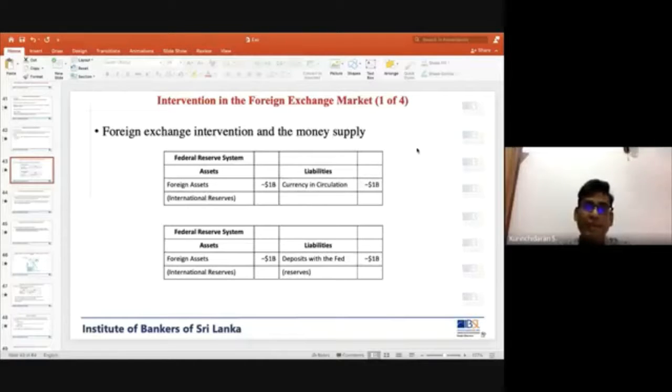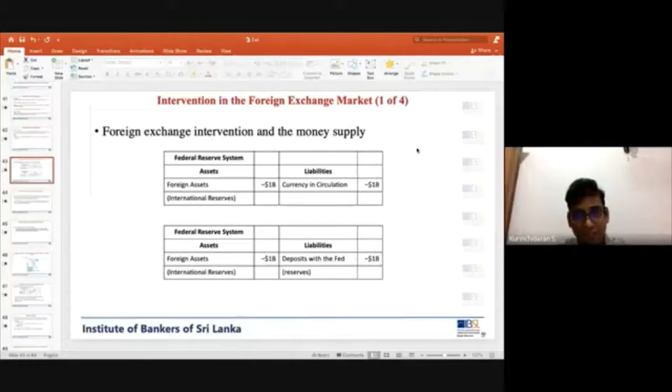Now what the central bank is going to do is buy foreign dollars, so foreign assets, that means dollars, to manage the exchange rate, right?